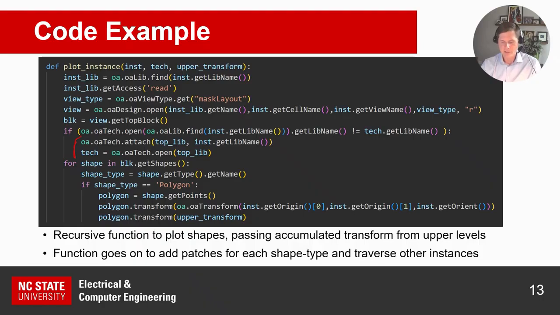And then it goes through every shape and calls a transform on the coordinates in that shape. From here, it goes on to add patches in the plot for every single shape type and traverse all of the other instances by calling this function again.